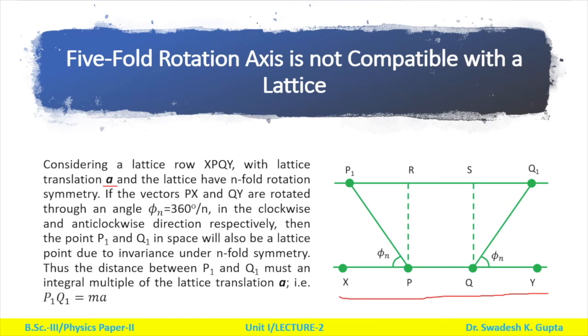Now if we rotate xp in the clockwise direction and qy in the anti-clockwise direction, and the new position of x is p1 and the new position of y is q1, then the distance between p1 and q1 should be an integral multiple of the lattice constant a, because if it is showing rotation symmetry, then this new position should be the position of some lattice point.